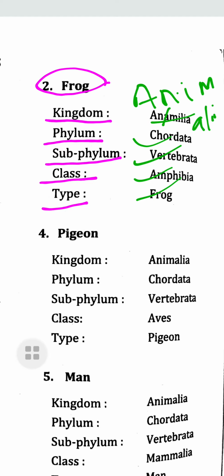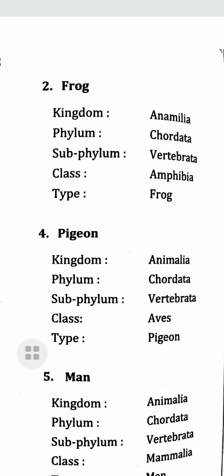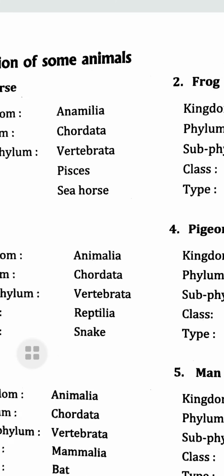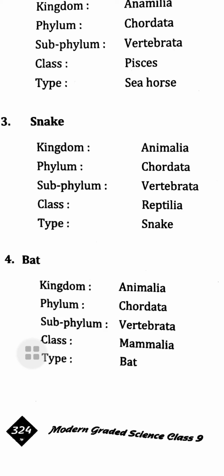Now, what is one important characteristic of frog? Its body is divided into head and trunk. Dear students, now let's discuss the classification of the next animal. What is that? Snake.